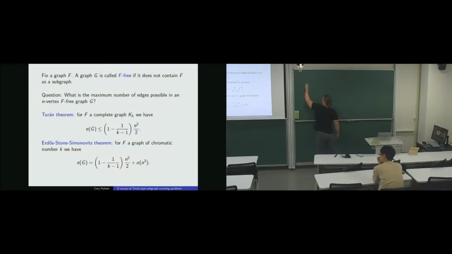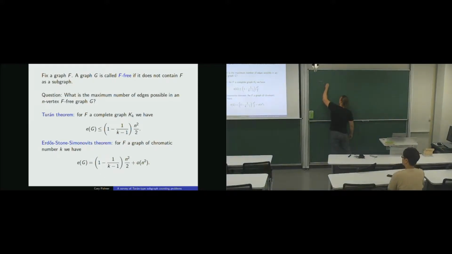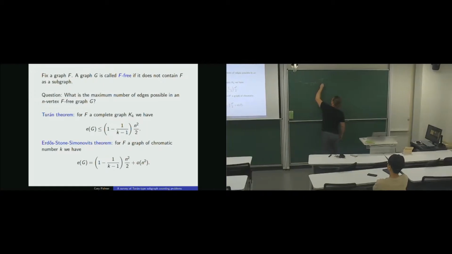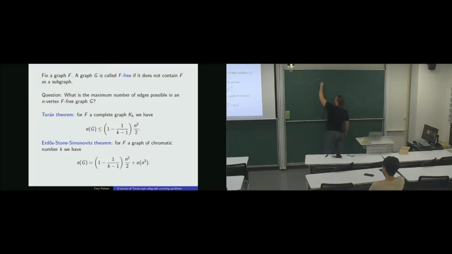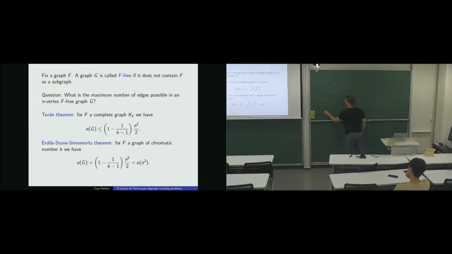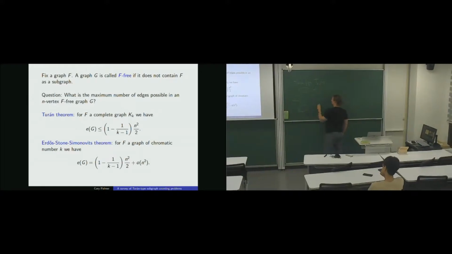So the Turán graph, we'll denote it T sub n, k minus 1, is a complete k minus 1 partite graph that's as balanced as possible. So you have k minus 1 classes and they're as close in size as possible. So it looks like this. Maybe for k equals 6, so we have 5 classes here.